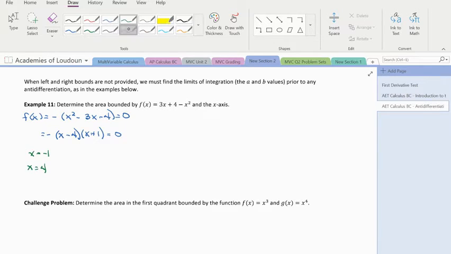So now I can go ahead and evaluate my antiderivative, and we're integrating from negative 1 to 4 of 3x plus 4 minus x squared dx. That antiderivative will be 3/2 x squared plus 4x minus 1/3 x cubed, evaluated from -1 to 4.